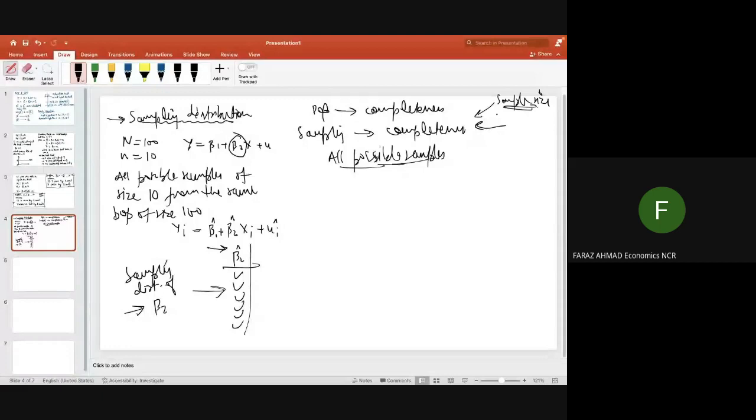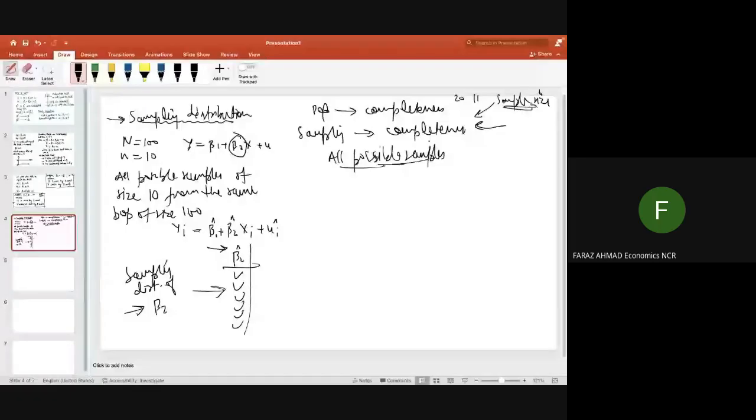But this sampling distribution has one more parameter, that is sample size, right? So you can have other sampling distributions for a sample size of 11, another sampling distribution of the same parameter. If you take a sample size of 20, you will have another sampling distribution.